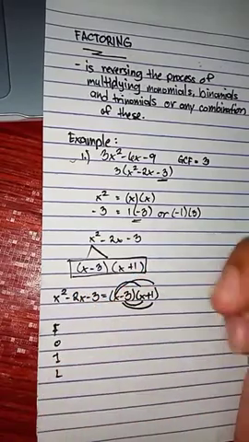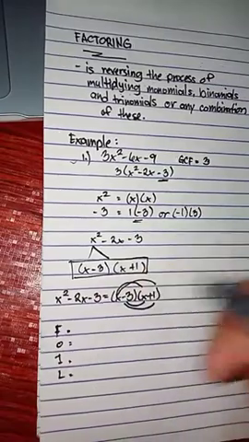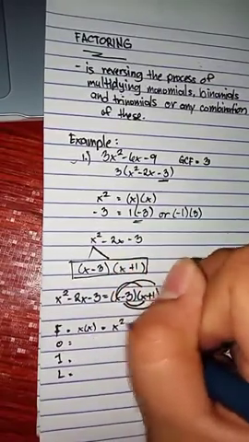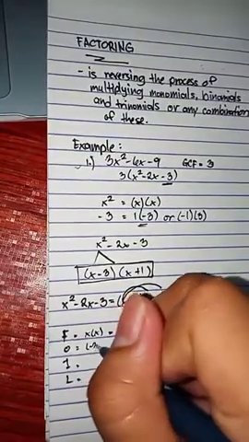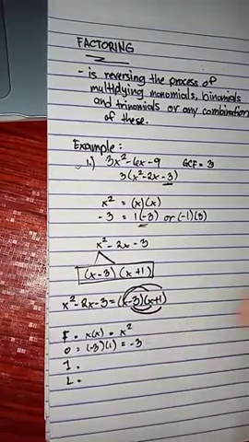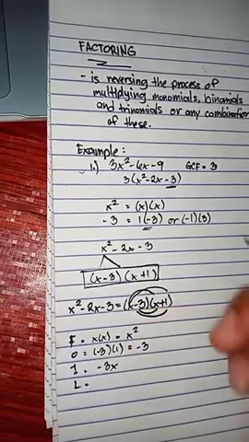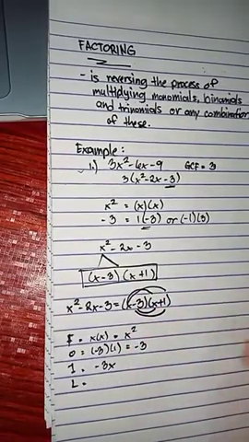Sorry for my handwriting. For the first term, we have x multiplied by x, which is x squared. Our outer, negative 3 multiplied by 1, is equal to negative 3. Inner, we have 3x, and in the last term is 1x.